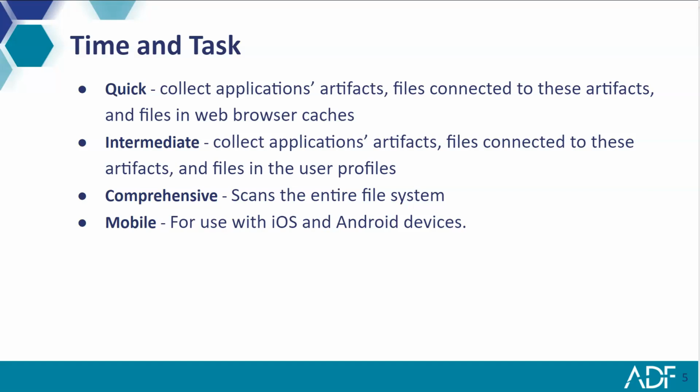Intermediate profiles collect the application's artifacts, files connected to those artifacts, and files in the user profiles. Comprehensive scans the entire file system, and mobile is for use with iOS and Android devices. Search profile runtimes can be from minutes to a few hours with the comprehensive, depending on the search profile you choose.